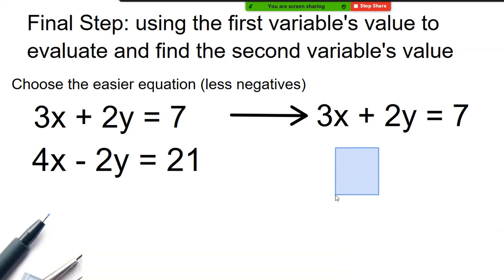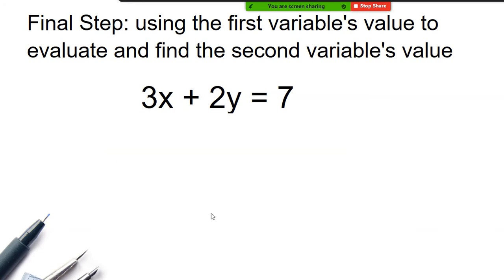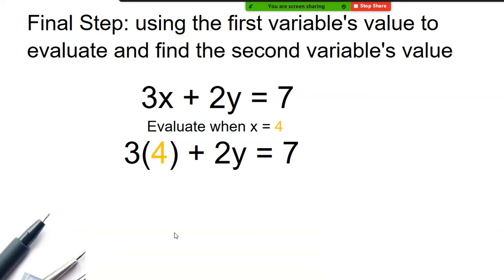And what we're going to do is we are going to find y by using the value of x. So if I'm going to use this one, and I'm going to evaluate when x equals 4. Go ahead and write that. Underneath the equation, write evaluate when x equals 4.